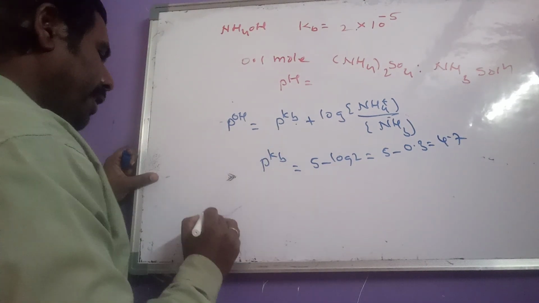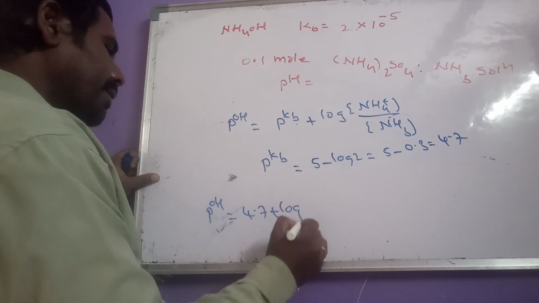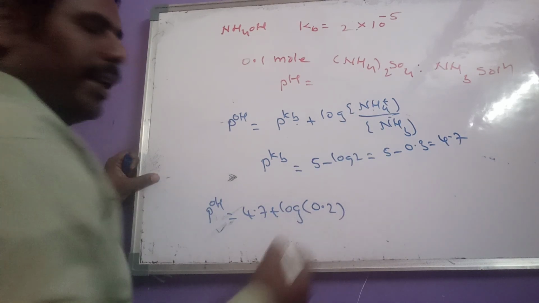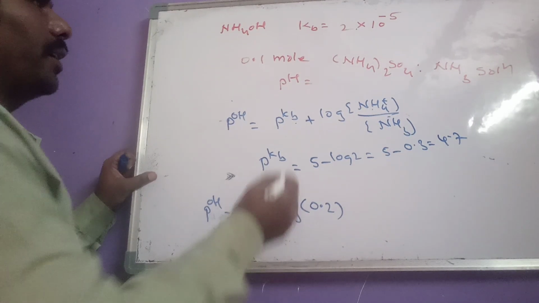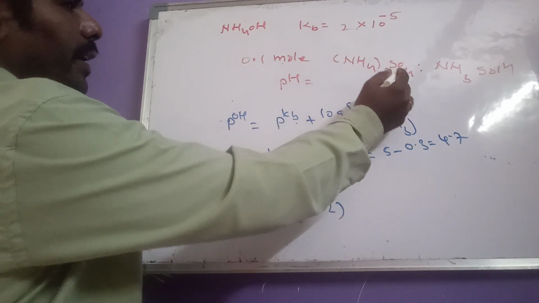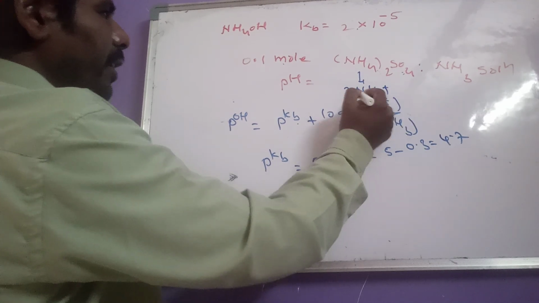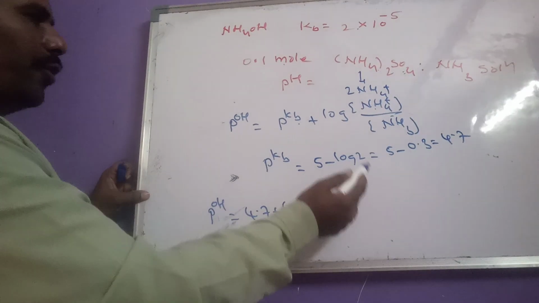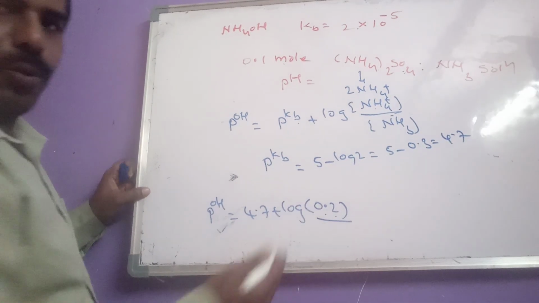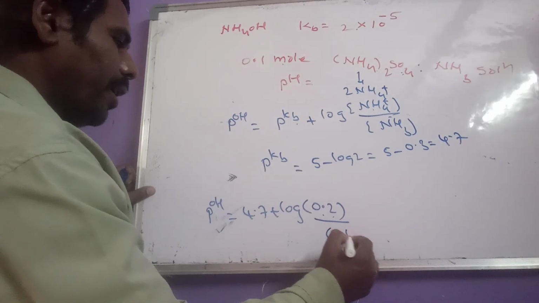So pOH equals 4.7 plus log, where the NH4 plus concentration should be taken as 0.2, because 0.1 mole of ammonium sulfate is taken twice. That means this produces 2 moles of NH4 plus. So the NH4 plus is taken as 0.2 and NH3 as it is, 0.1.